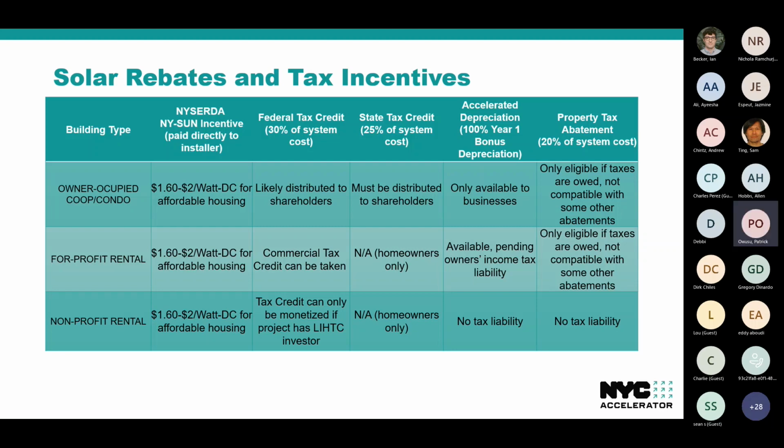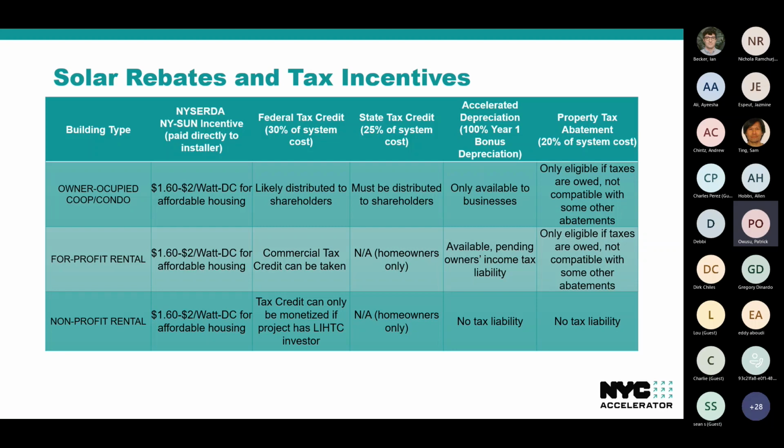There's also the federal tax credit, which recently got bumped up to 30%. It was at 26%, scheduled to drop down to 22%. So that increase back up to 30%, like it was a few years prior, is great, and it's a great sign that solar is not only being supported, but is also a great investment opportunity for buildings.